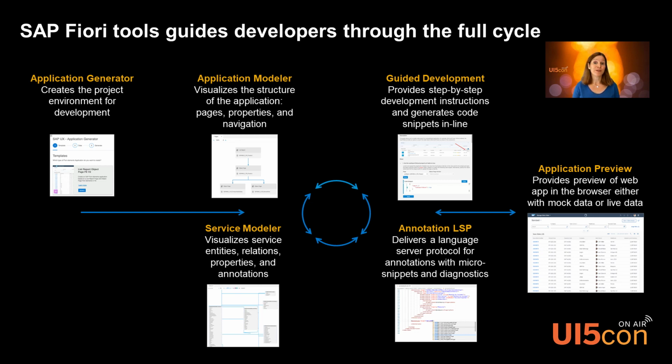If you've already used Fiori tools, I'm sure you really like our annotation LSP, which gives you code completion for both XML and CAP CDS annotations, as well as built-in validation, quick fixes, and quite a bit more. Then there's the guided development, which is again a wizard approach, step-by-step guides.